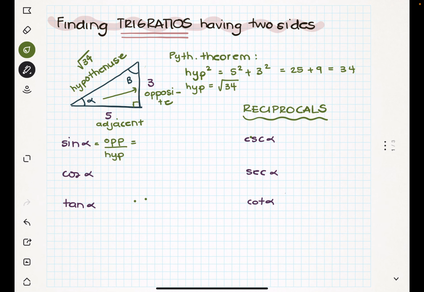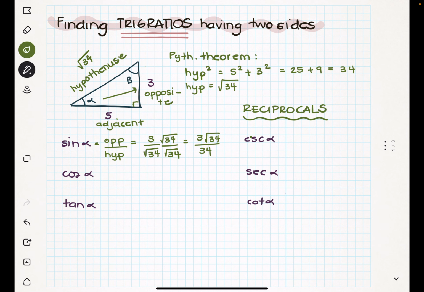So let's see, for the opposite, I have a 3, and for the hypotenuse, I have the square root of 34. One of the things we do when we're working with square roots is we rationalize. So we're going to multiply by a 1. And we're going to have 3 square root of 34 over 34.